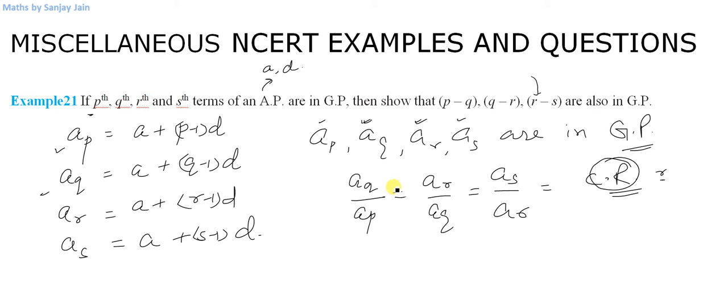Now if these ratios are equal, there is a property. For example, let us say 2 by 4 is equal to 1 by 2, or let me take some other number also. 3 by 6 is equal to 2 by 4 is equal to 1 by 2. So if 3 by 6 is equal to 1 by 2, then (3 minus 1) by (6 minus 2) will also be equal to these ratios, that is 2 by 4, right?